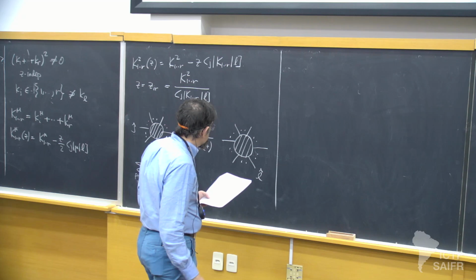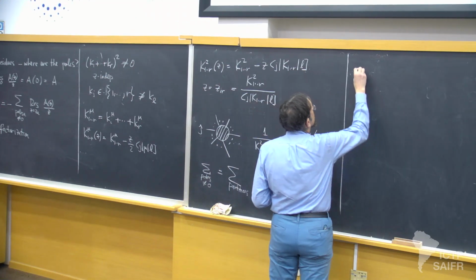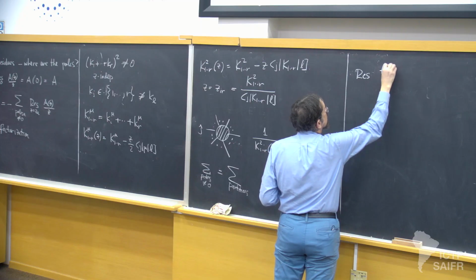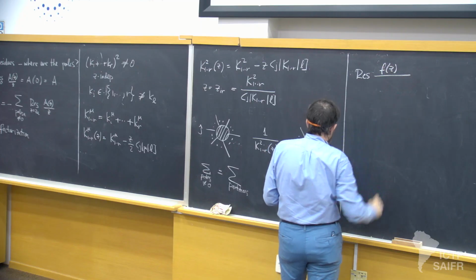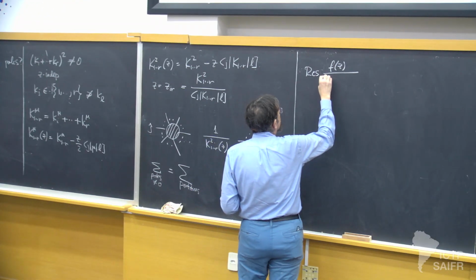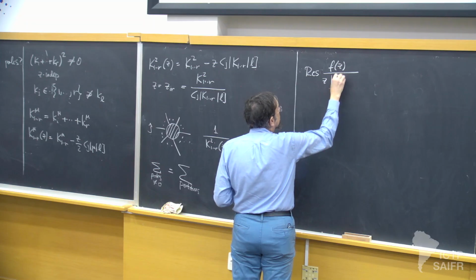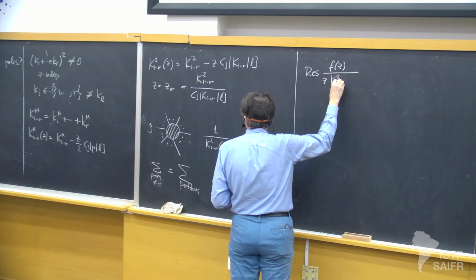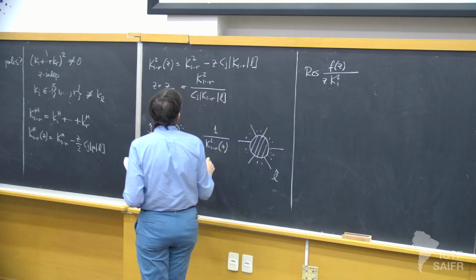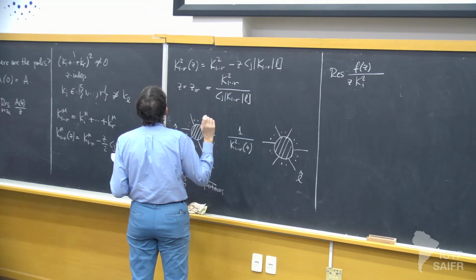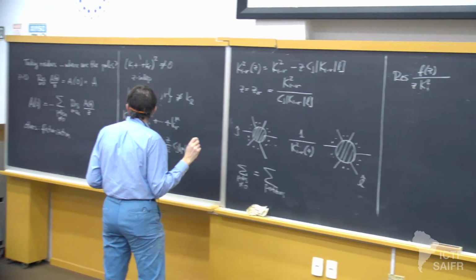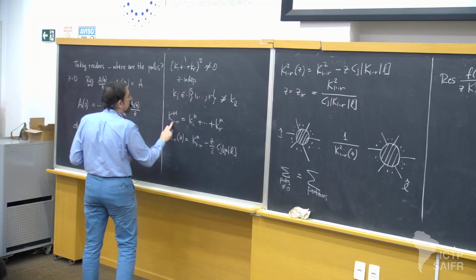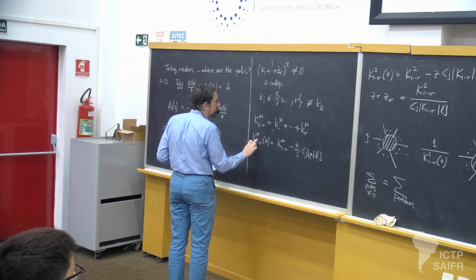All right, so what is the residue? So we're looking at the residue of some function divided by z times k squared of I. Actually, this should be an I. I've been writing 1 here, but I really should have been writing an I. Let me fix that. Apologies.